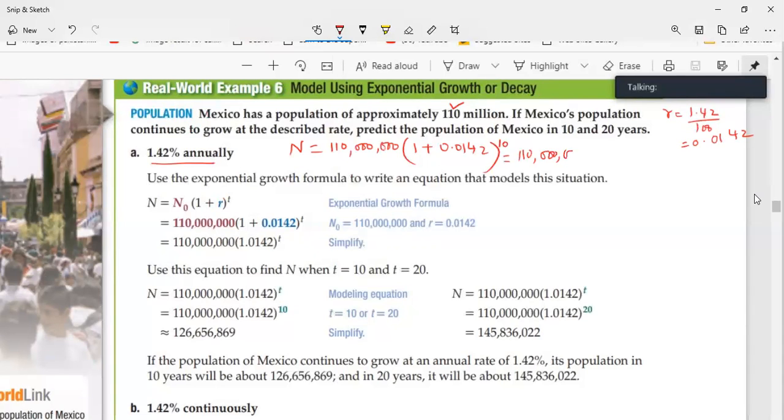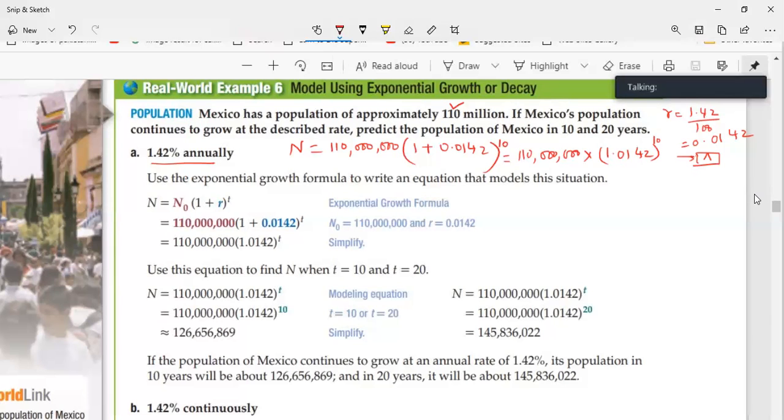So for 10 years, 110,000,000 times 1.0142 raised to power 10. This will be calculated by the calculator using the power function. First you will have to type 1.0142, then press this button, then input 10.